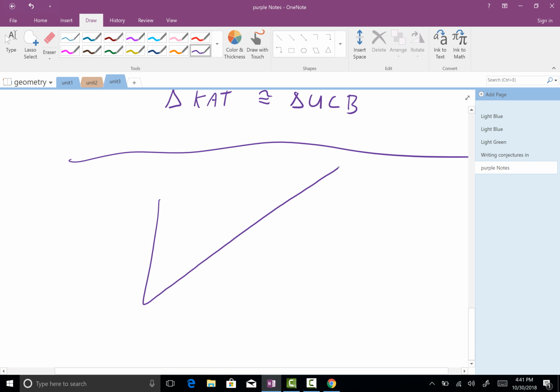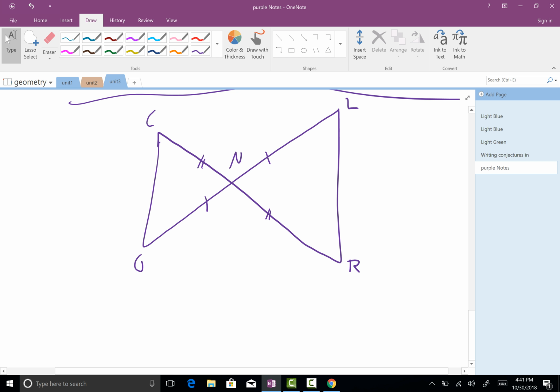All right, let's do one like this. This one's called the old bow tie triangle. Same thing.